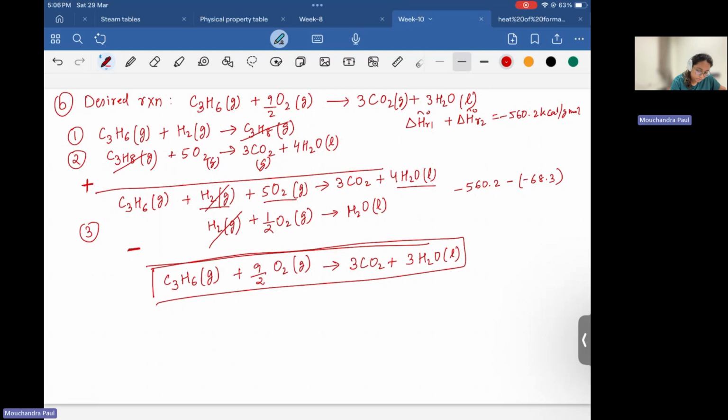So this will give you the final heat of reaction, which will be minus 491.9 kilocalorie per gram mole. Right?